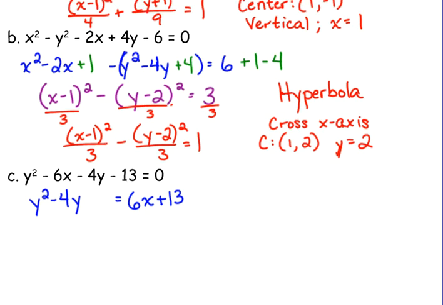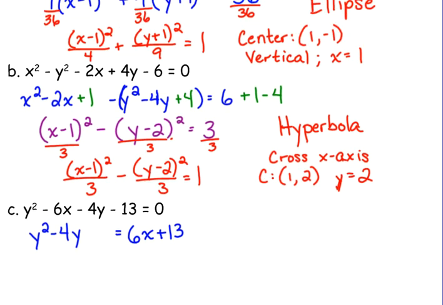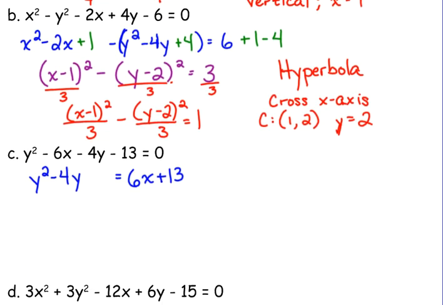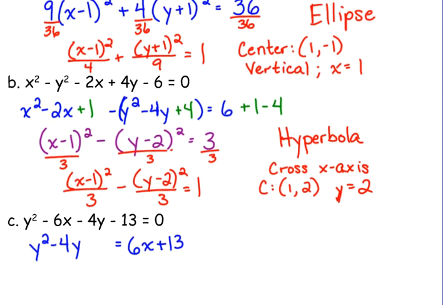A hyperbola, you should look and see if one of the squared terms is negative. If it is, it's automatically a hyperbola. For a parabola, it's really easy to tell. If only one of the variables is squared, it's a parabola.